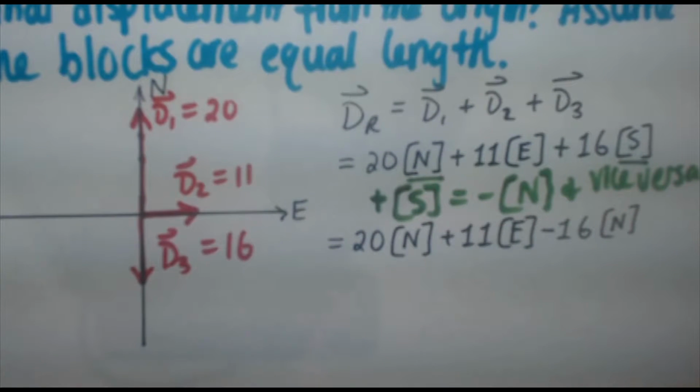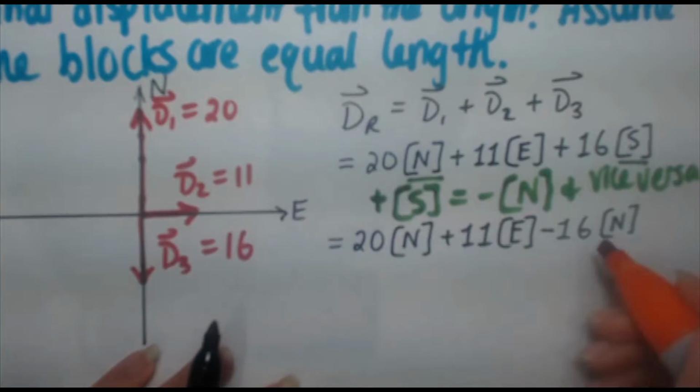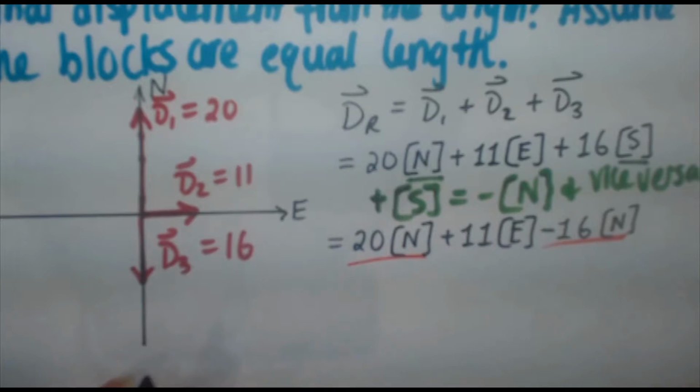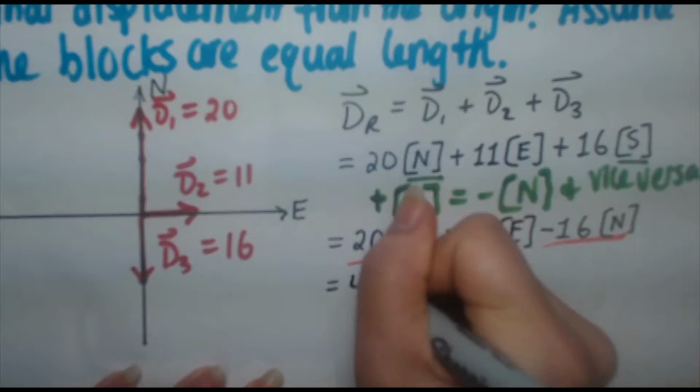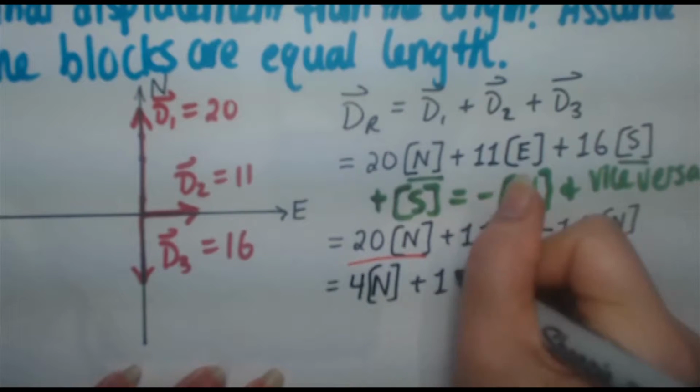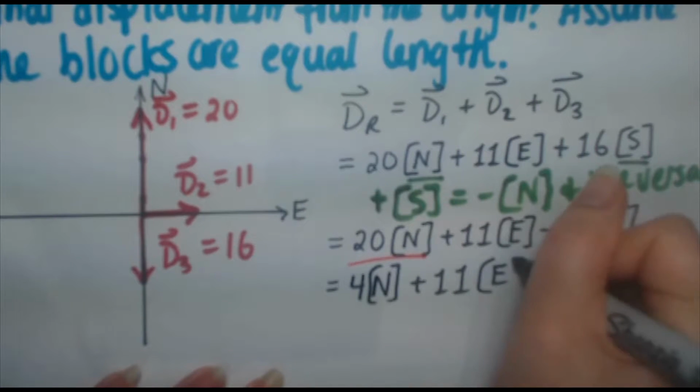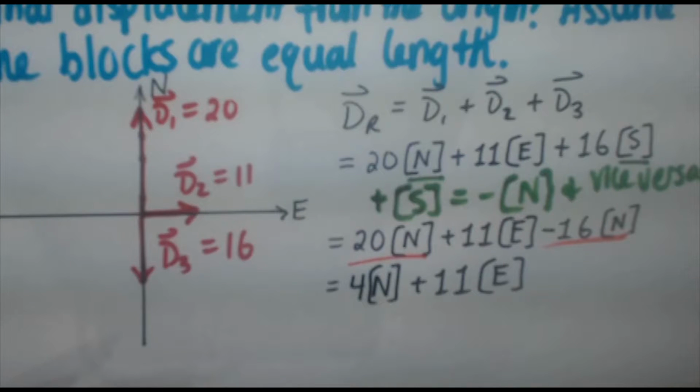So now we've got two things that are in the same direction: 20 north and minus 16 north. 20 minus 16 is 4, so that leaves us with 4 north plus 11 east. At this point it's going to be a lot easier to figure out the resultant.